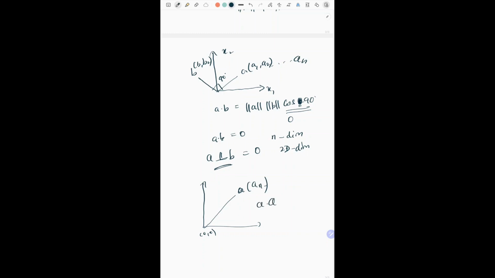Then it is A dot A. So you're going to get A1 A1 plus A2 A2 plus A3 A3, and so on, up to AN AN. So you're going to get the norm of A square itself. Like you're multiplying two norms of A, you're going to get norm of A square, your dot product.